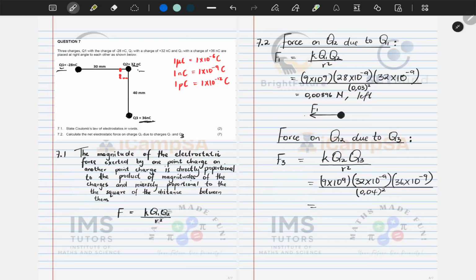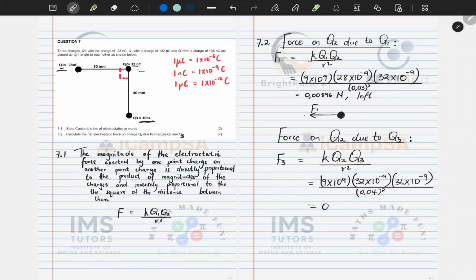It will be 9 times 32 times 36, over 0.04 squared.